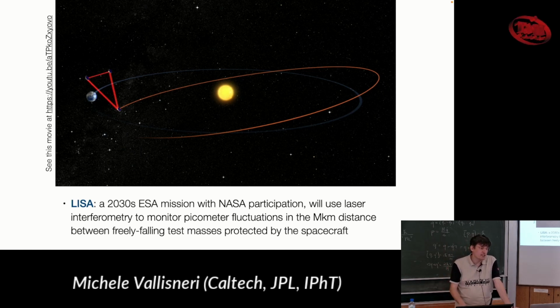And if you just let masses fall there, you can be okay to think that over a time of an hour, 1 over millihertz, let's say, which is where you want to look for supermassive black holes, you're effectively falling freely. You can again use lasers to measure the relative distance of the spacecraft, and you can look at the oscillations in the distance that you measure to see gravitational waves.